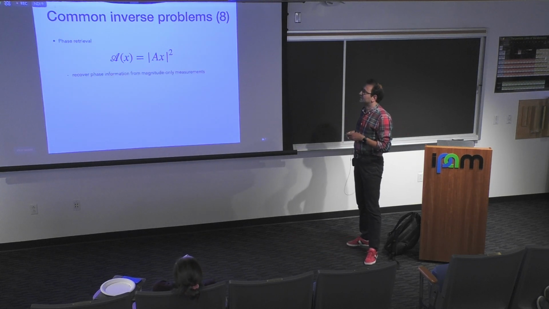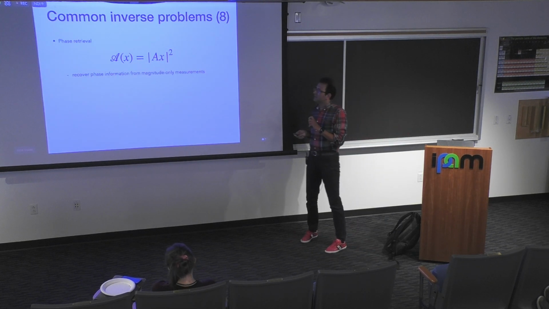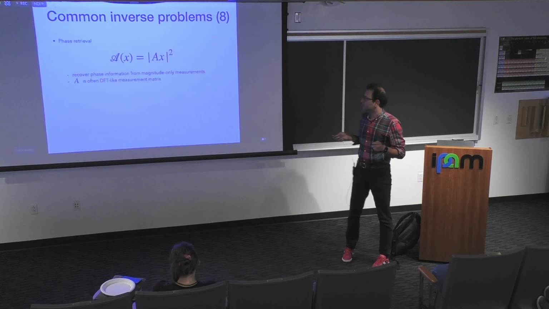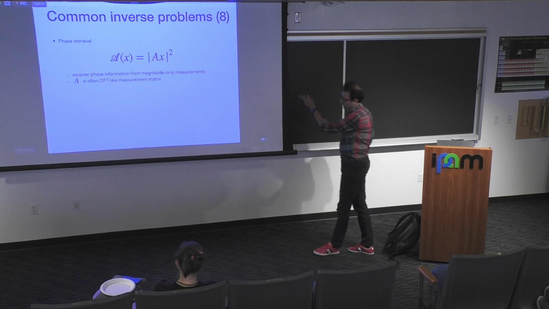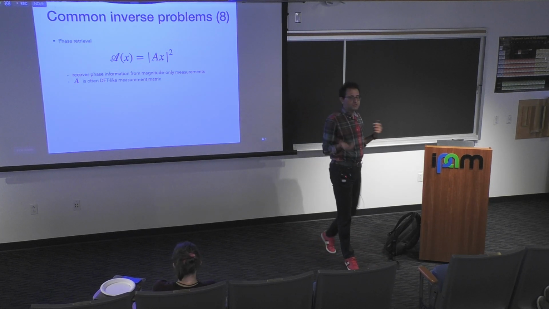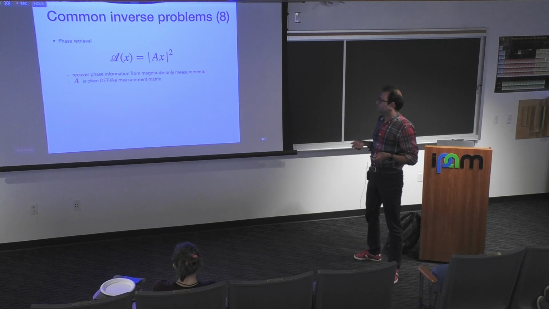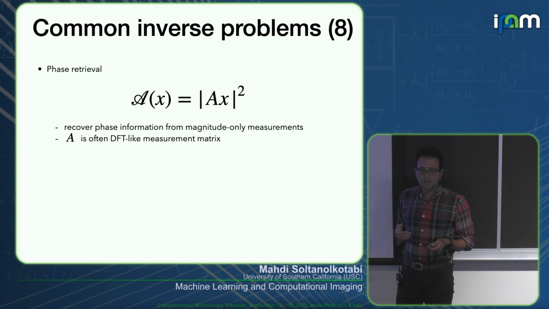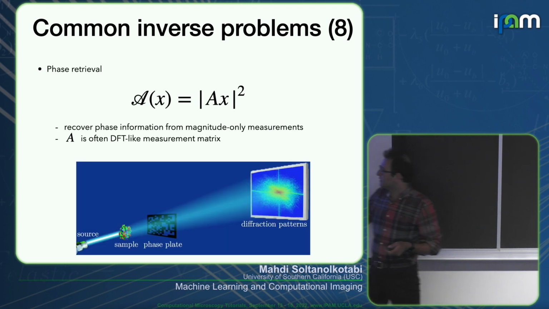They measure intensity. And so the goal here is to recover, in some sense, phase information from magnitude-only measurements. A, as John mentioned this morning, is often some sort of DFT matrix, oversampled DFT.